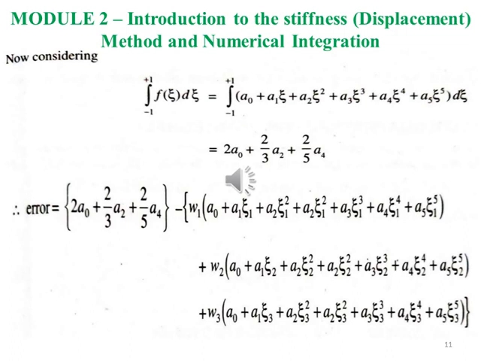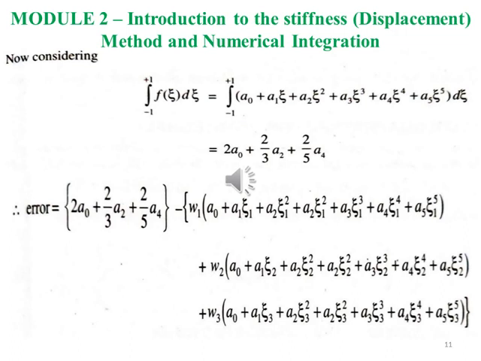Now, in order to calculate the error, we have to find the difference between the equations 2a0 plus 2 by 3 a2 plus 2 by 5 a4 minus w1 f of z1 plus w2 f of z2 plus w3 f of z3, which is represented in the slide.